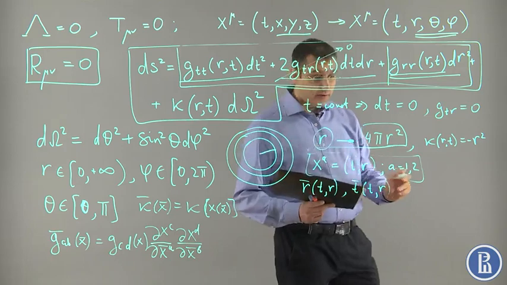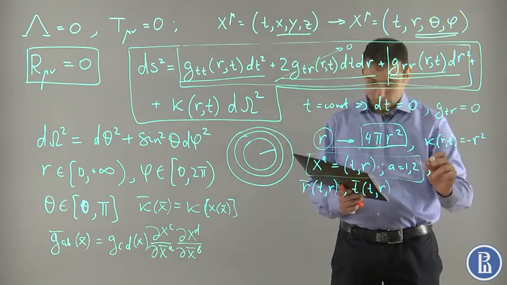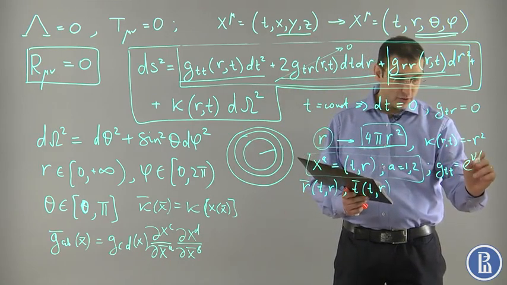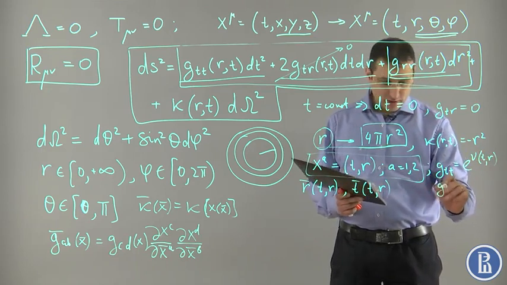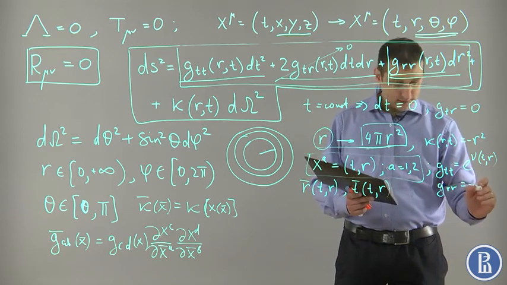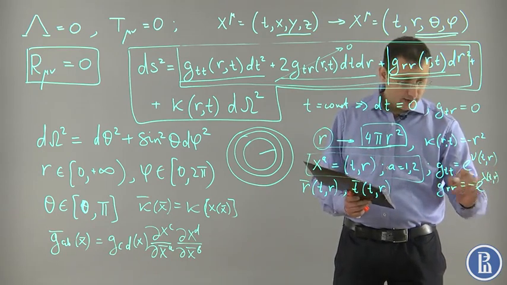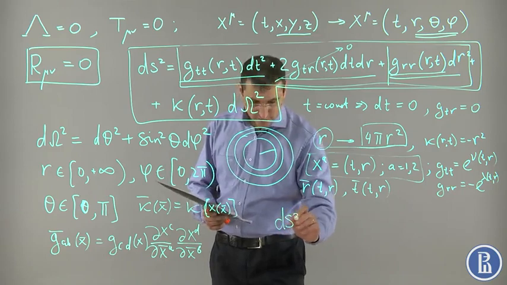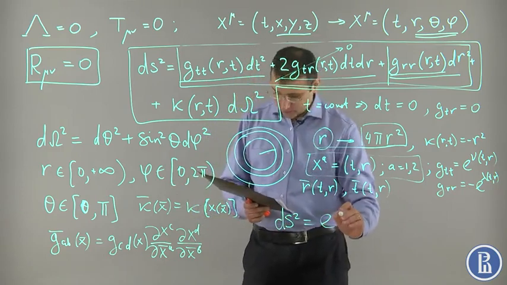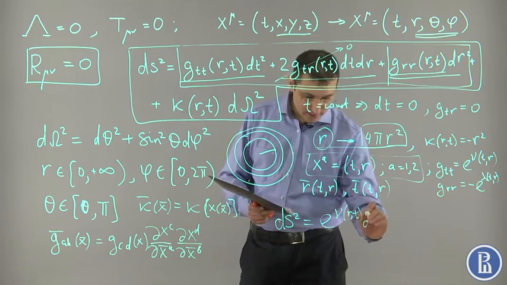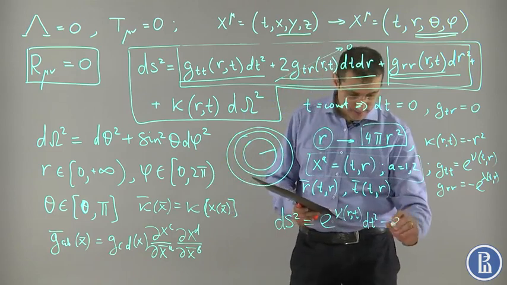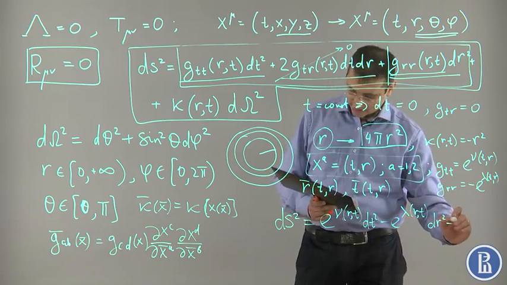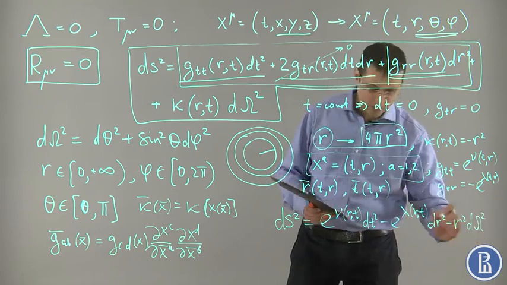So after renaming the components into a more standard form, if we name g_tt as the exponent of the function nu, which is a function of r and t, and g_rr as minus the exponent of lambda(t, r), then we arrive at the following expression: ds squared equals e^nu(r,t) dt squared minus e^lambda(r,t) dr squared minus r squared d omega squared.